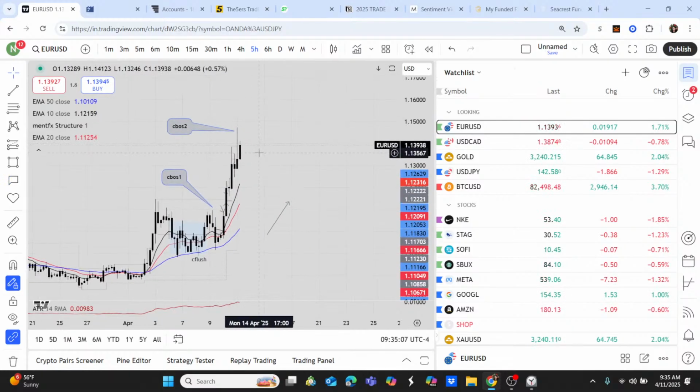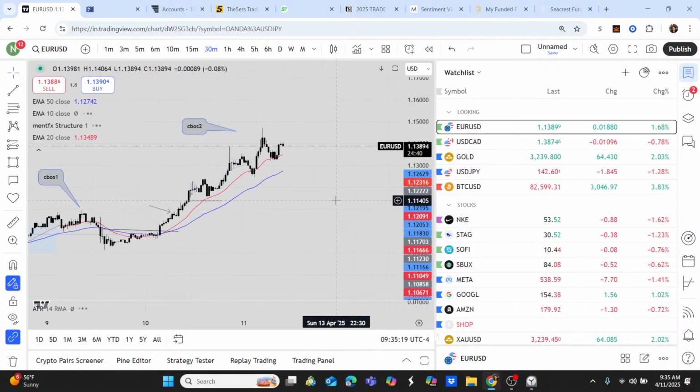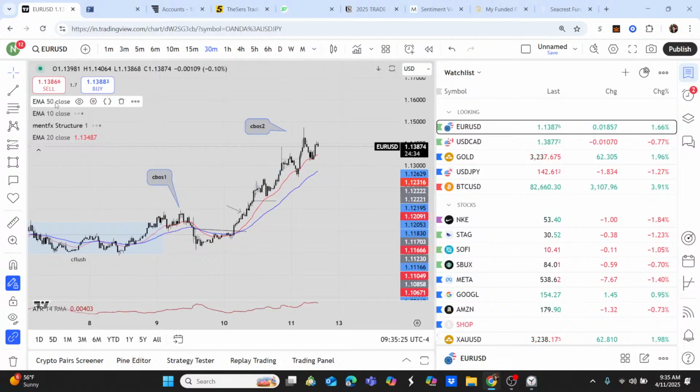This is the second one right here. So next step is to go on the validation time frame to basically see what is the story, because we want alignment with what the story is telling us.